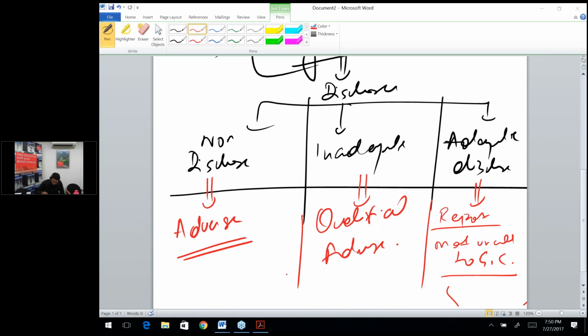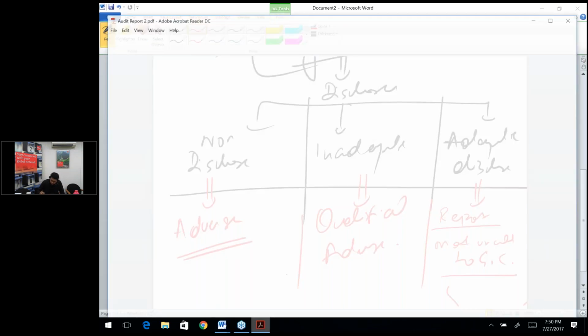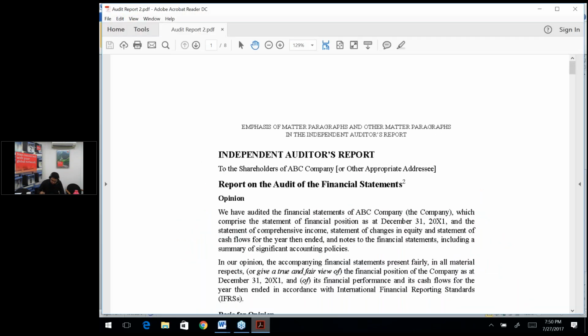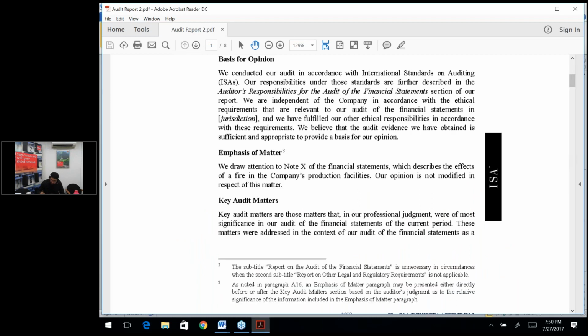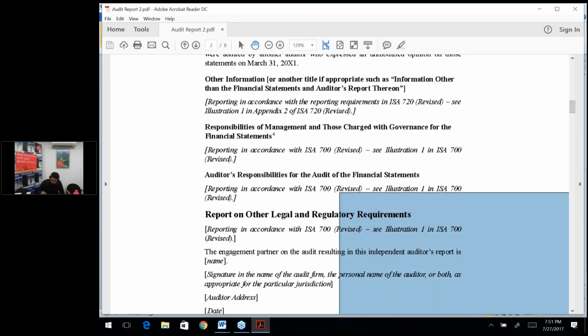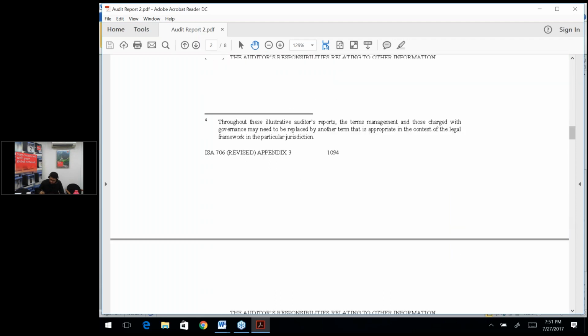Now, let's just talk about it. You have the audit report handout from yesterday. Those who were not present yesterday can access it from the window.